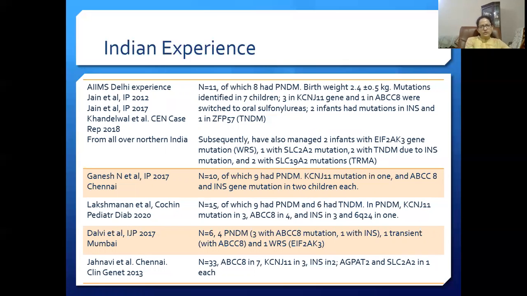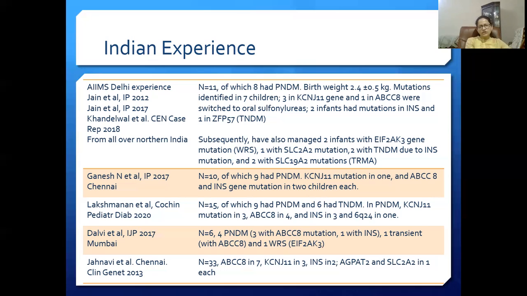And the mean birth weight was 2.4 kilos, and mutations were identified in 7 babies, of which potassium ATP channel mutations were present in 4, more in KCNJ11, only 1 in ABCC8, and these were all switched over to oral sulfonylureas. And besides this, 2 infants had mutations in INS and 1 in ZFP57, which causes transient neonatal diabetes.